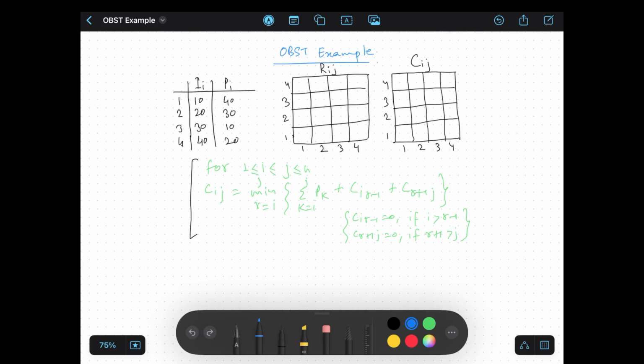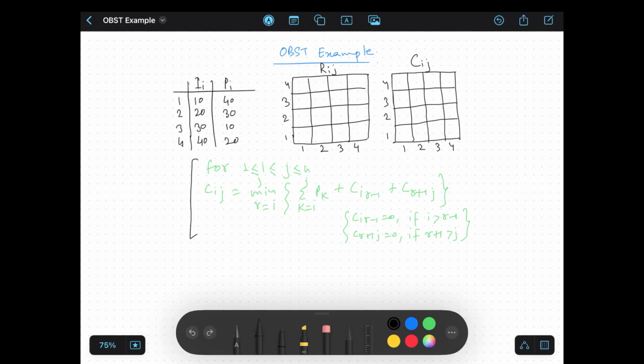And as we fill the cost of these minimum values in this grid, we are going to fill the root values in the R grid. We will see as we go. So first of all, we are going to fill the diagonals.